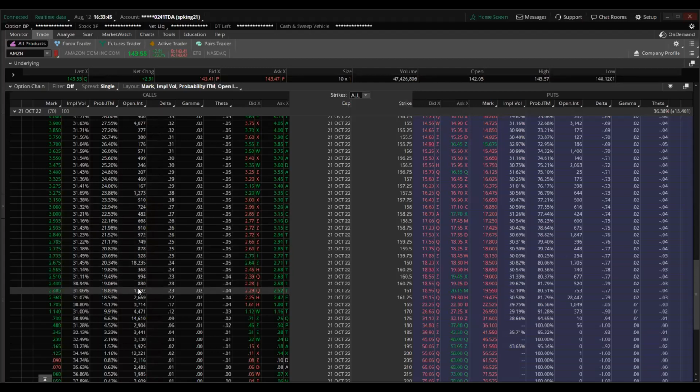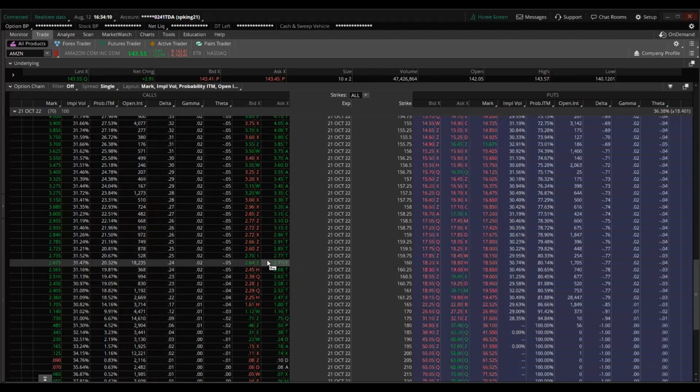You come down here and most of these are too, but look right here, over 18,000. And that's the 160. That tells me that there are people out there that know more than I know, that are probably looking at that and going, yeah, I think Amazon could probably get up there. Look at the amount of open interest there compared to everything else.